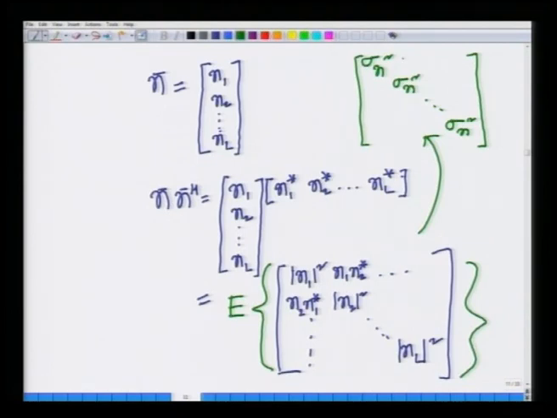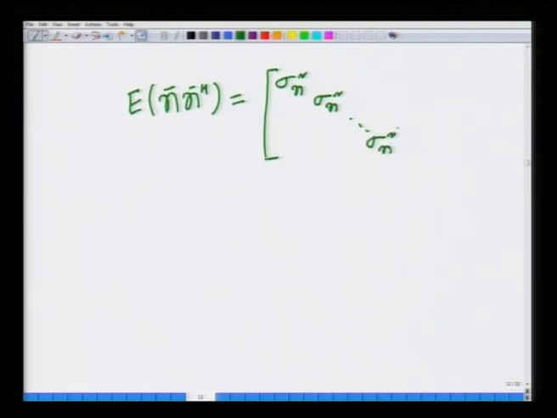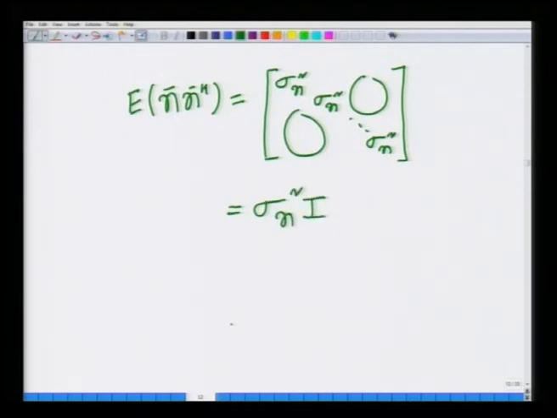So, all the off diagonal terms here are essentially 0, which means expected n bar n bar Hermitian is a matrix which contains sigma n squared along its diagonals, and the rest of the terms are 0, and you will recognize this immediately as sigma n squared times the identity matrix.